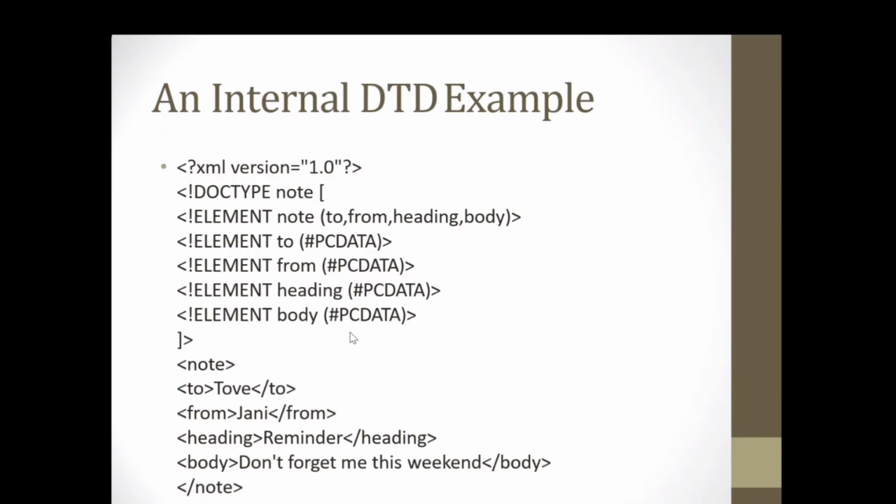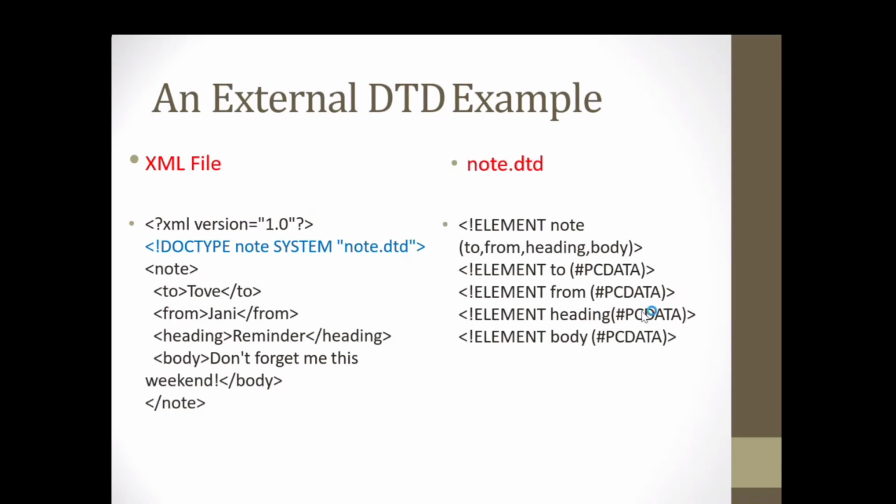Look at this. This is our XML code, and inside that we have written the code. It is similar, only the square bracket is added here. Inside this XML code, we have written DTD code, which is called an internal DTD. And if you have a separate file, then it is called an external DTD. So in this way, we have XML, XSL, and the DTD.